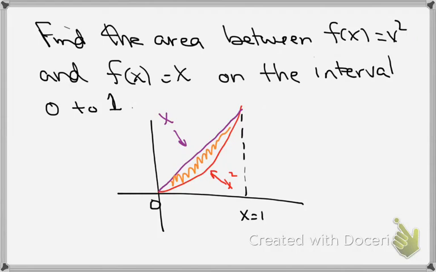So from what we've learned, we know that to find the area in between, we need to integrate from a to b. So that's going to be the integral from 0 to 1 of the top function x minus the bottom function x squared, dx. So if we do this definite integral, that should give us the area. So let's calculate that.